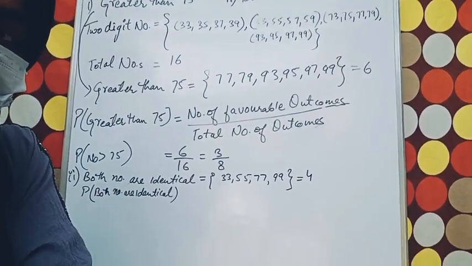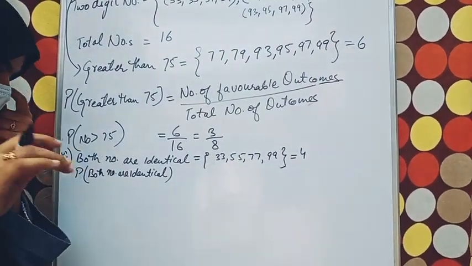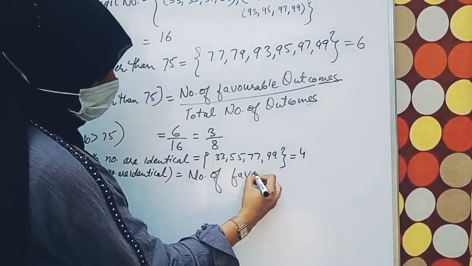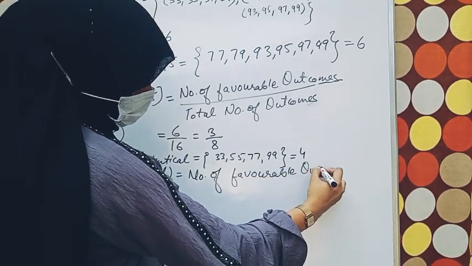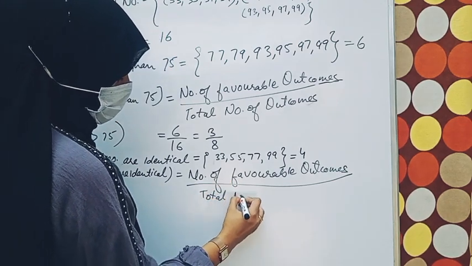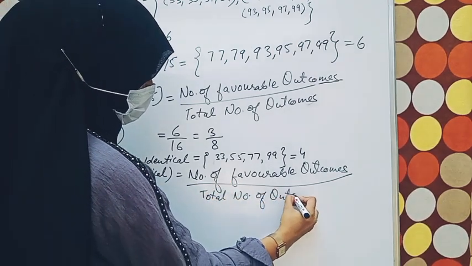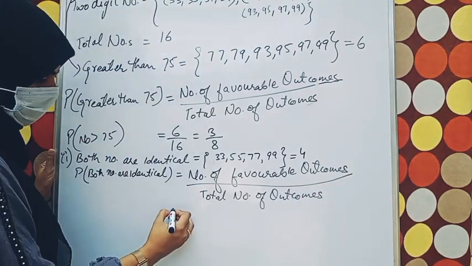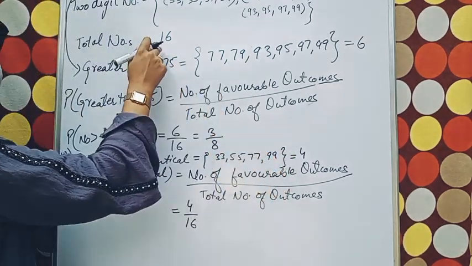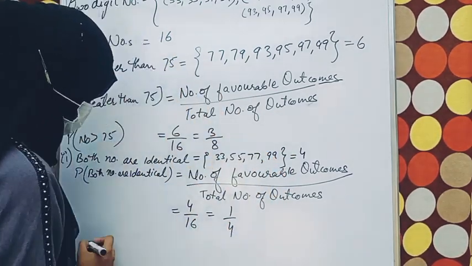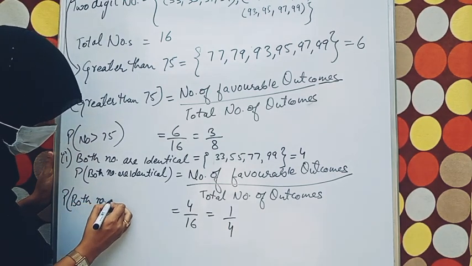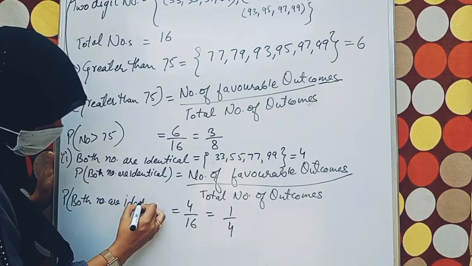So number of favorable outcomes upon total number of outcomes. What's that? 4 upon 16. This is 4 and the total number is 16. So we can write 1 upon 4. This is the probability for both numbers are identical.